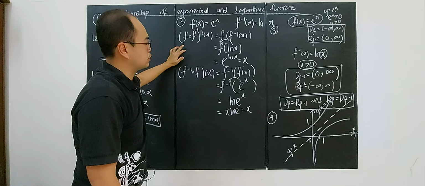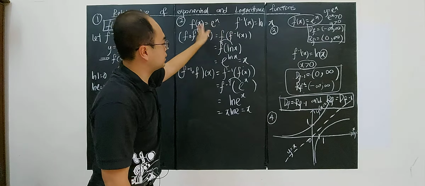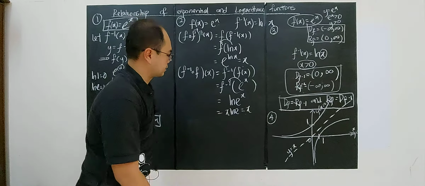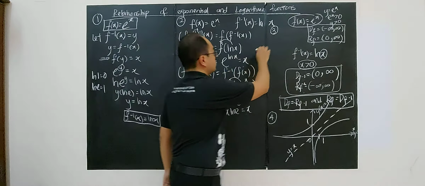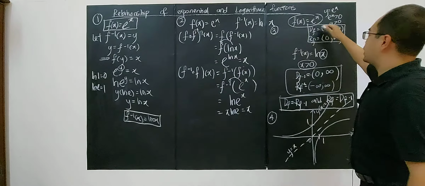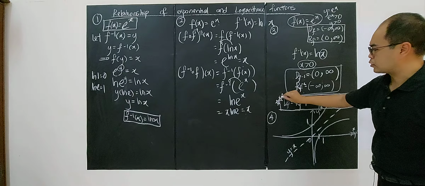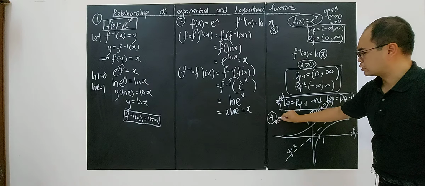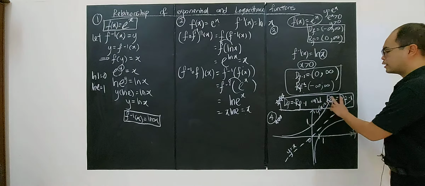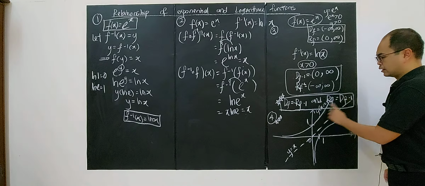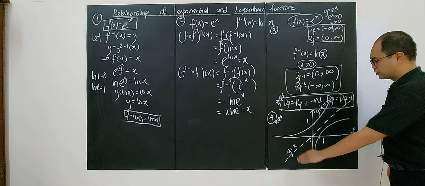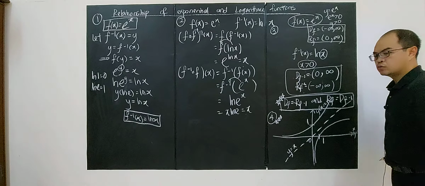If they are inverse to each other, you will get x. For number 3, the domain and range is very important, where the domain and range are interchanging. And this one is also very important, that the graphs are symmetrical about the line y equals x.